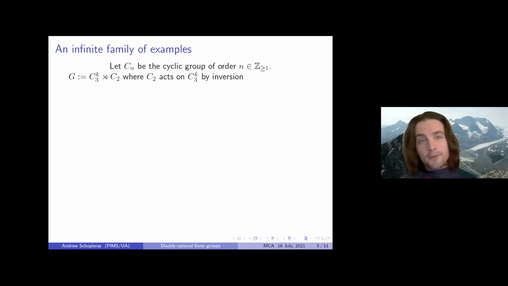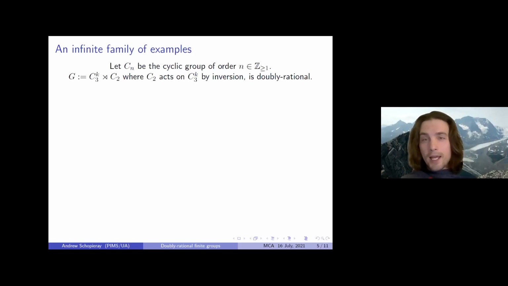Sure enough, if you take the cyclic group of order 2 and you act on any number of copies of the cyclic group of order 3 by inversion, sort of the most obvious action, then this whole infinite family are doubly rational groups.